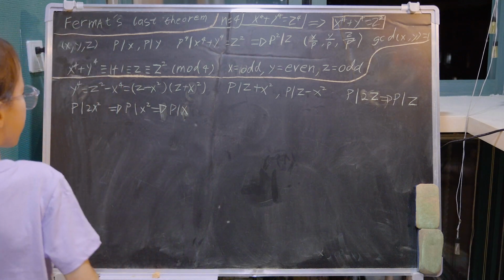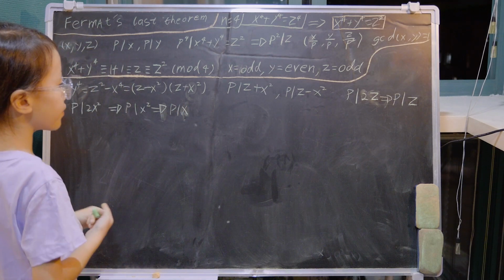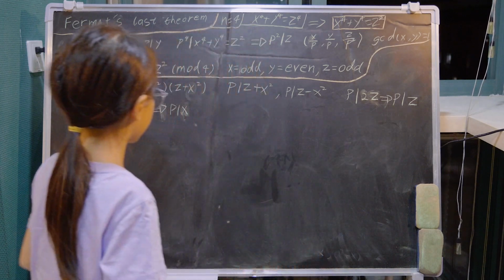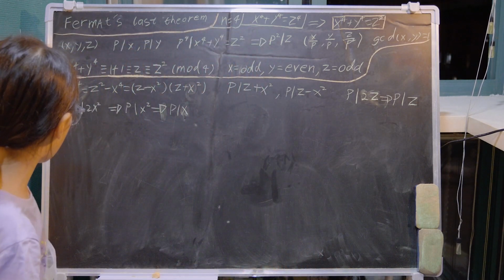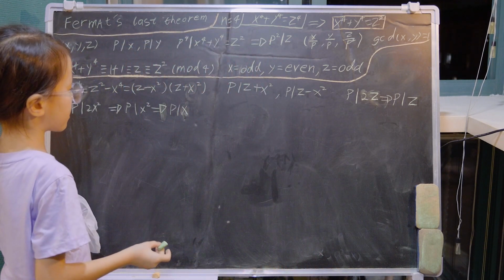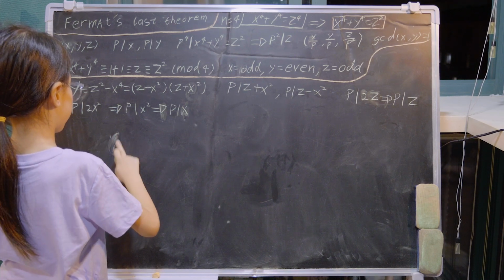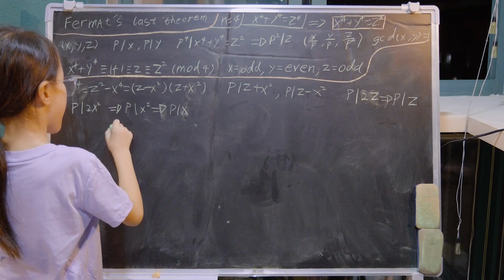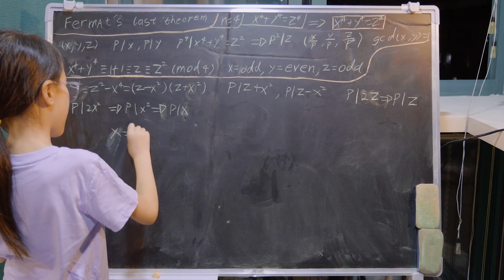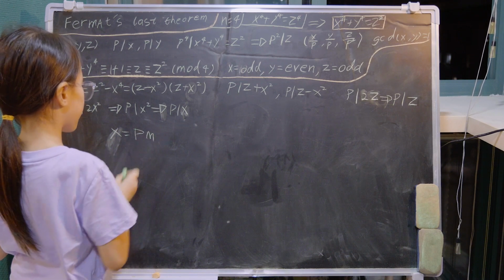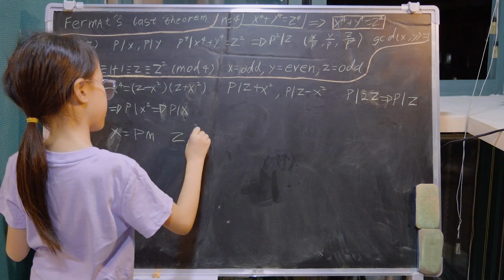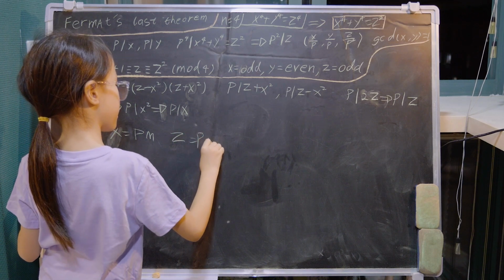So now we can prove that if p is a divisor of z and p is a divisor of x, then p is a divisor of y. Why is that? Because we can set x equal to pn and z equal to pn.